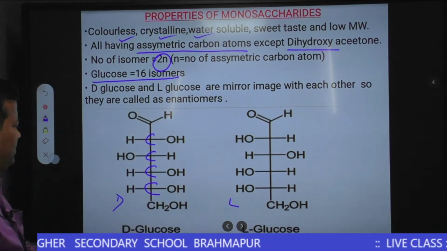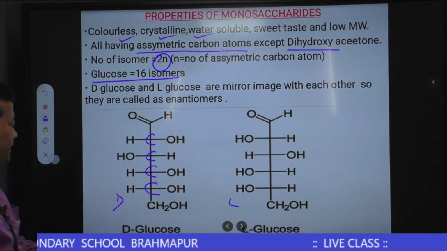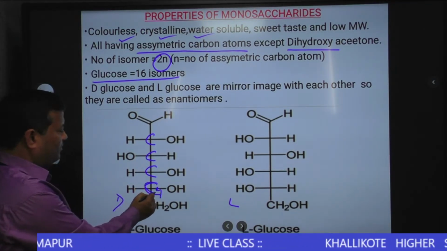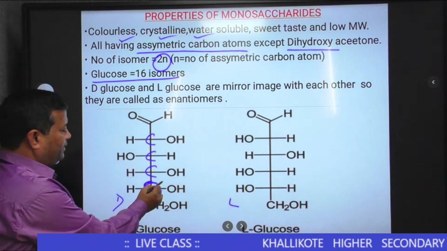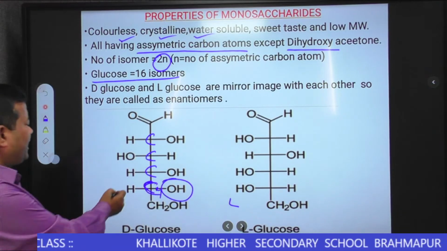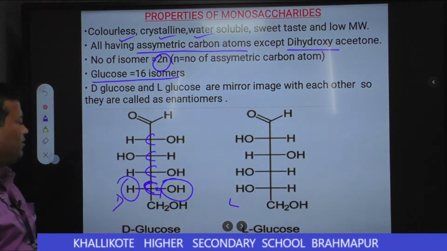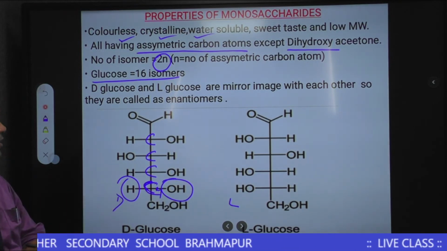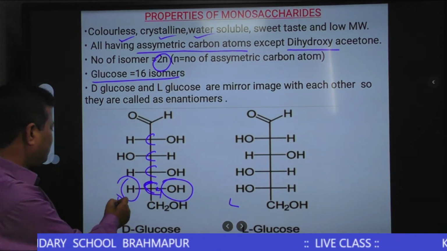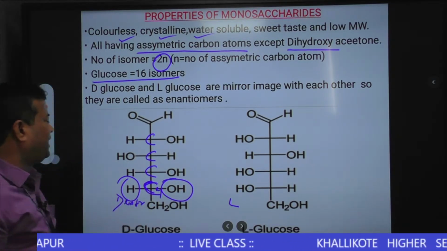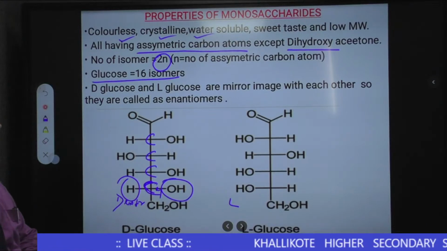Why is it considered D glucose? When the fourth asymmetric carbon atom has the OH group located on the right side and the hydrogen atom located on the left side, this type of glucose or hexose sugar is called dextrorotatory glucose.